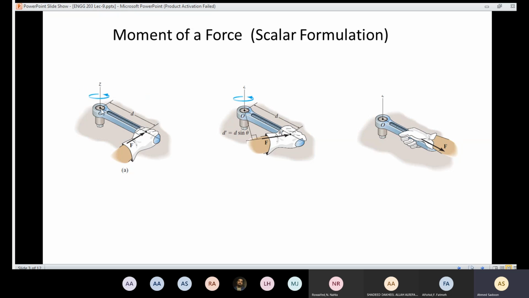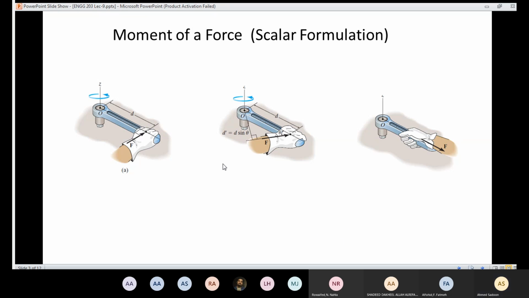So we can say that the magnitude of that moment is directly proportional to the magnitude of the force, and it's also proportional to the perpendicular distance. So the magnitude of the moment depends on the magnitude of the force and the perpendicular distance.